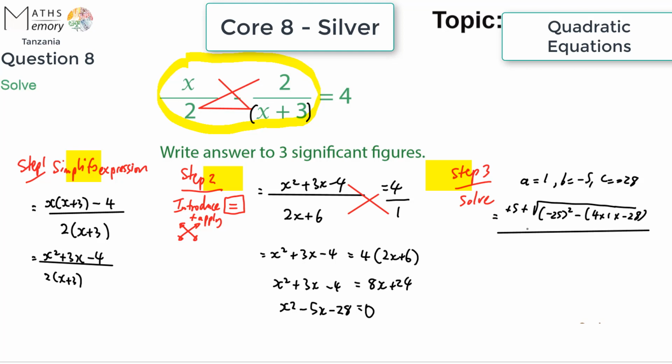Okay, let's simplify this a bit further. So we're going to get 5 plus, if we do this all together, sorry, this should just be 5 minus 5 actually over here. My mistake, sorry about that, because the answer actually is going to be 25. So we end up with 25 over here. 25 minus 4 times 1 times minus 28, minus 112 actually plus 112, and the whole thing over 2.